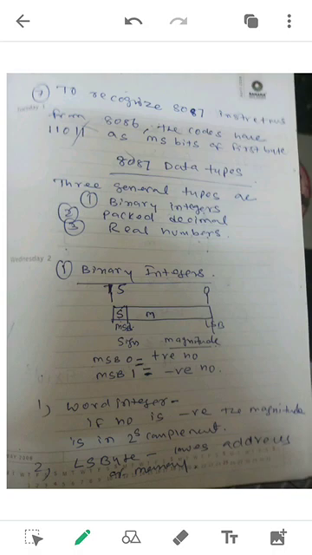Here you can see, if the most significant bits of the instruction consist of 11011, then that instruction belongs to the 8087. How to distinguish or recognize? All the instructions of the 8087 have 11011 in the most significant bits.